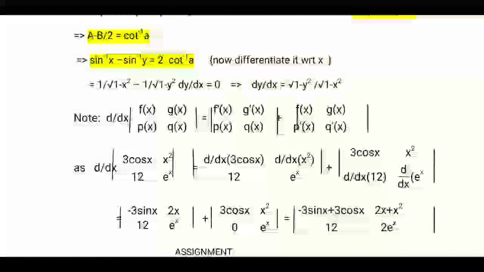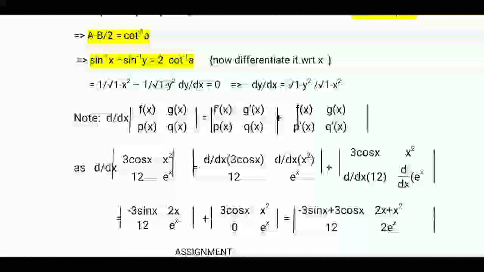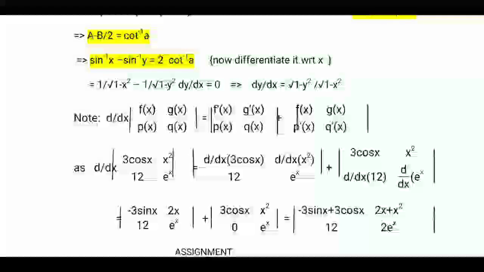Now there is a differentiation of a determinant form. Differentiation of determinant with rows fx, gx, px and qx will be equal to differentiation of first row, second row remains as it is, plus first row remains as it is, differentiation of second row. This is the rule.